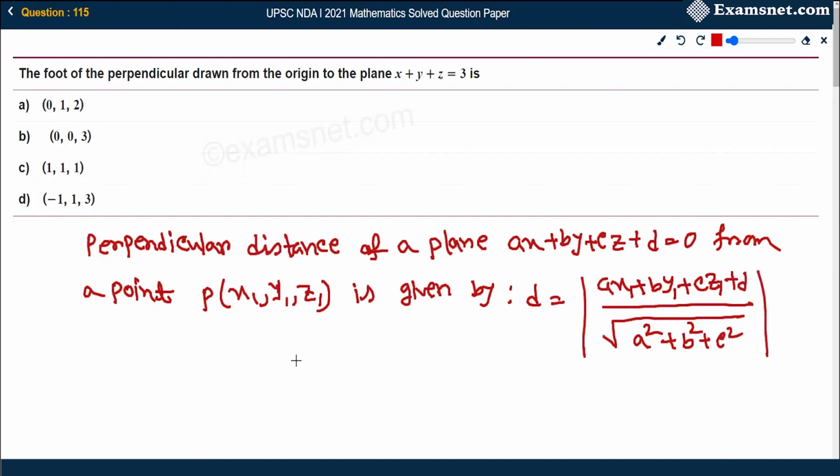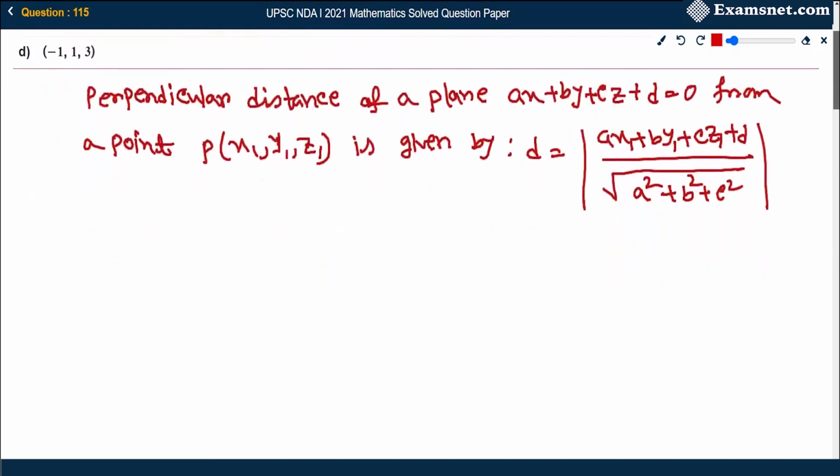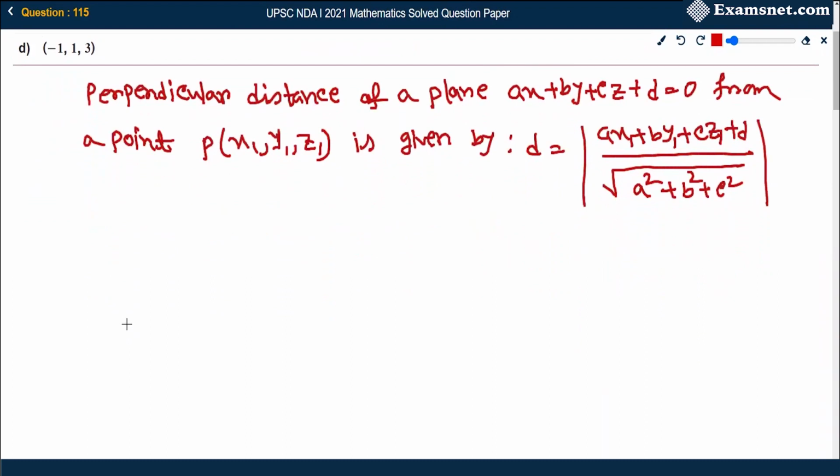Okay, so here the question is to find the foot of the perpendicular from the origin to the plane x plus y plus z equals 3.